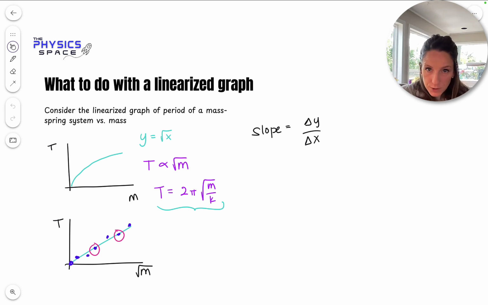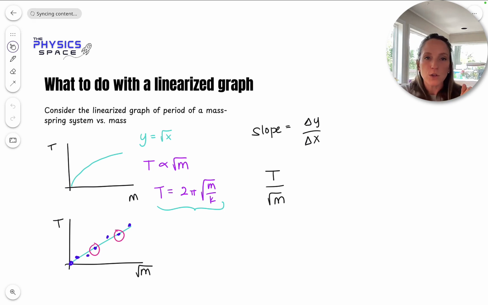But just to be clear here, if we graph T and the square root of m, I have T on my y-axis and the square root of m on my x-axis, okay? So let's make this a little bit simpler. I'll walk you through it and then we'll make this a little bit simpler.